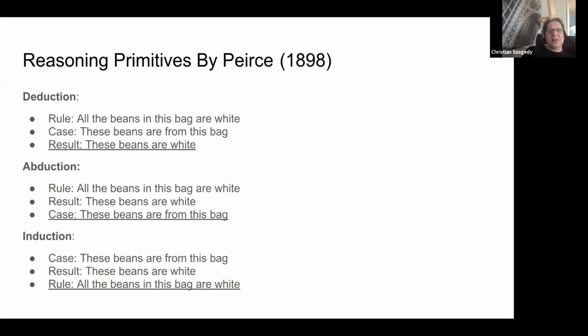In abduction, you want to infer the starting point. Where did you come from? That's also important in mathematics. And then there is induction, where you don't know the rules, and you try to figure out the rules, and then the limit is only your fantasy. How far can you push this? That's what mathematicians do most of the time: create newer and newer rules, and even rules about rules.